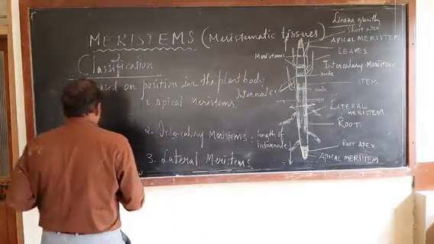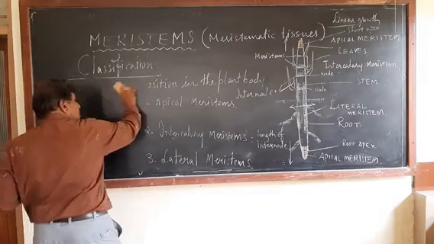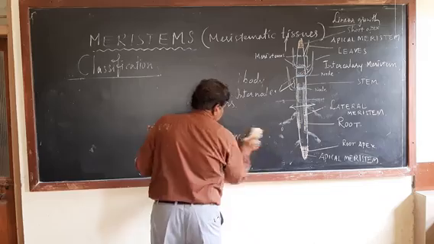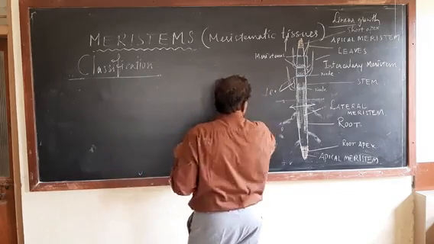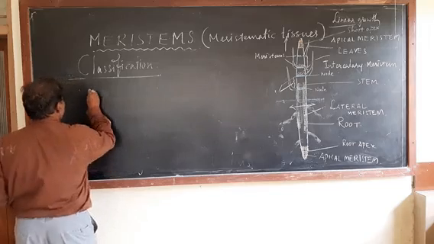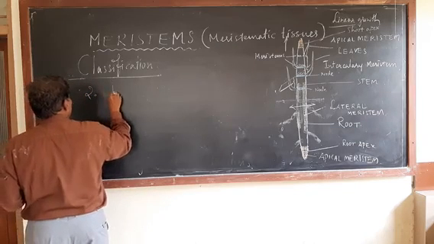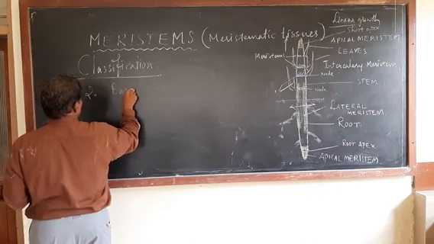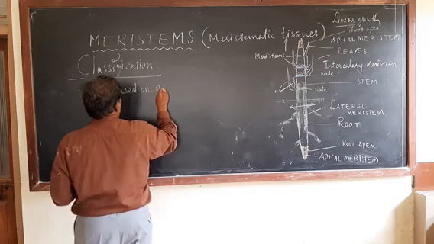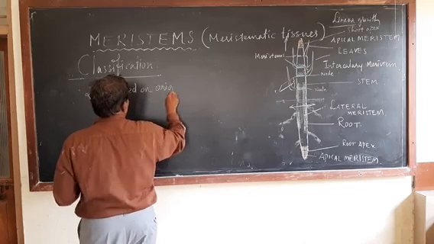There is also a second basis of classification. We can categorize meristems based on origin in the plant.